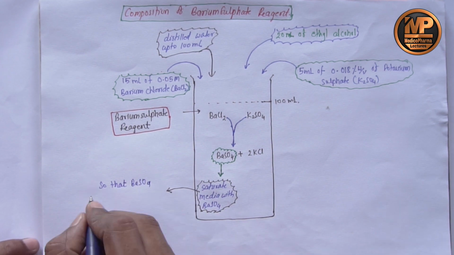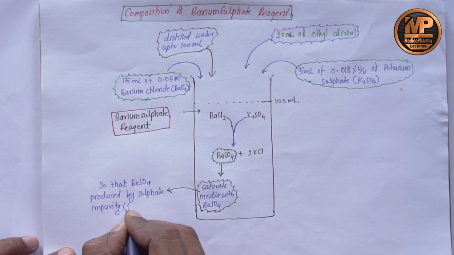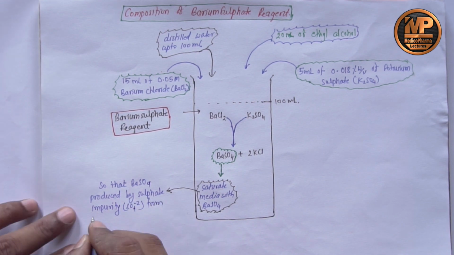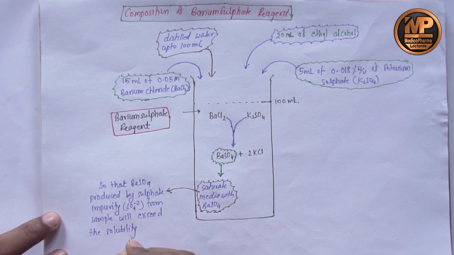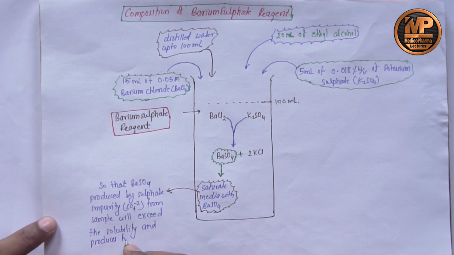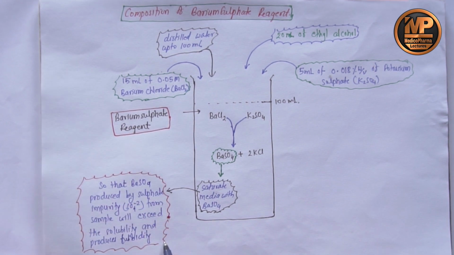This is required because the barium sulfate produced by sulfate impurity, SO4 2-, from the sample will exceed the solubility and produce turbidity. So this is the main reason why we use potassium sulfate in a small quantity.